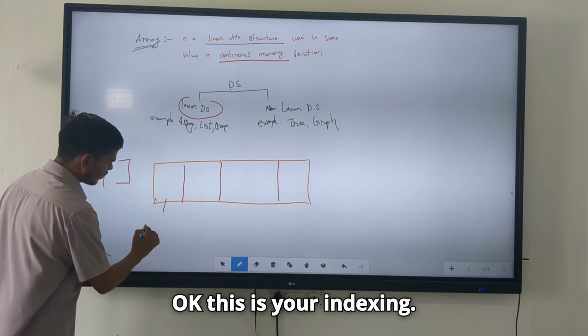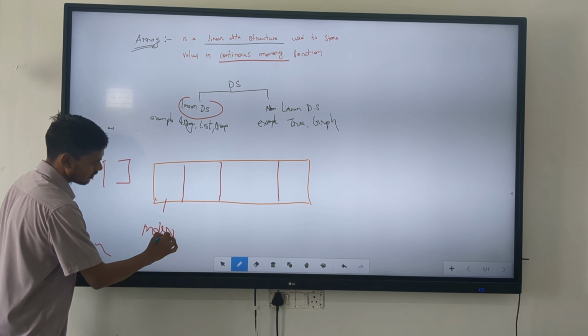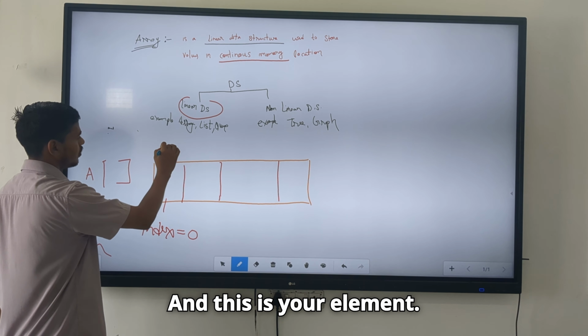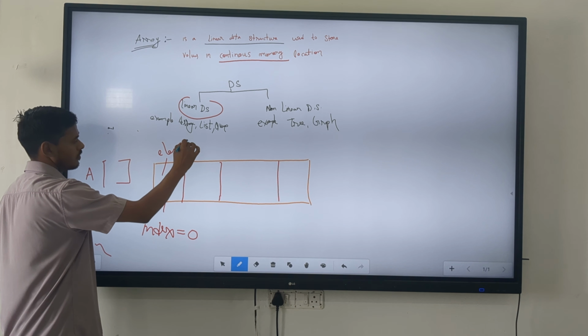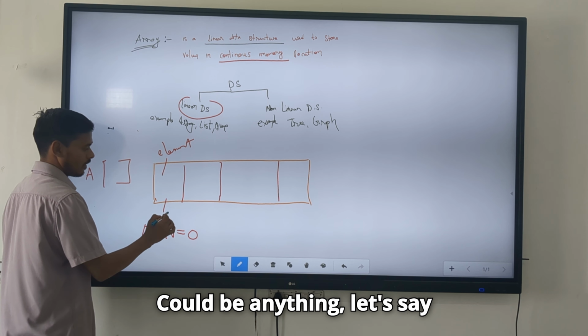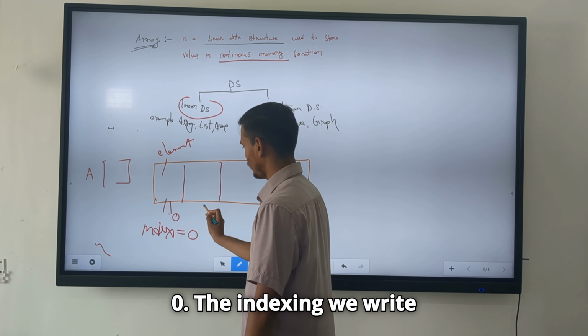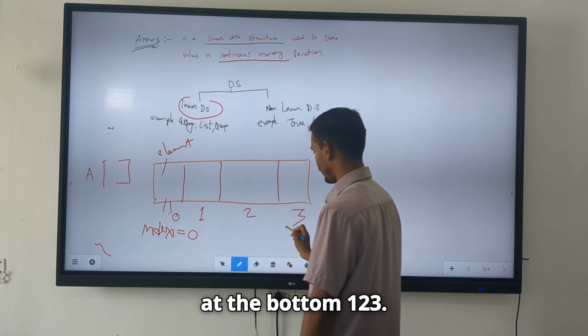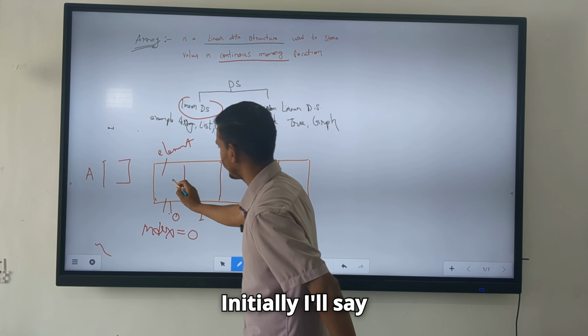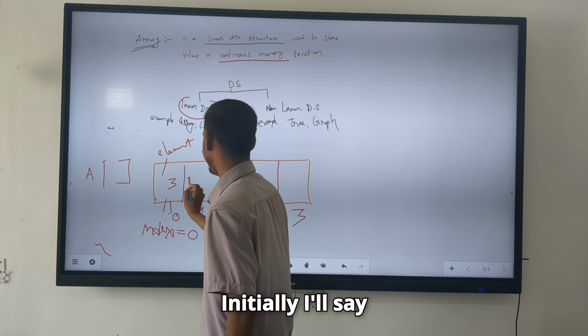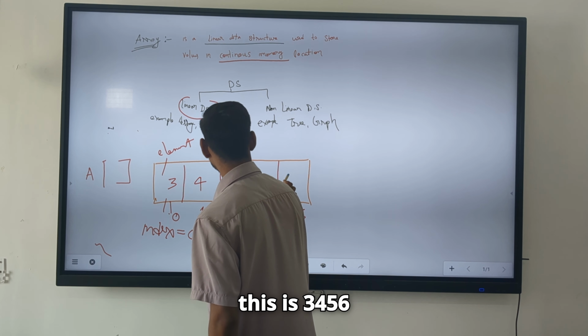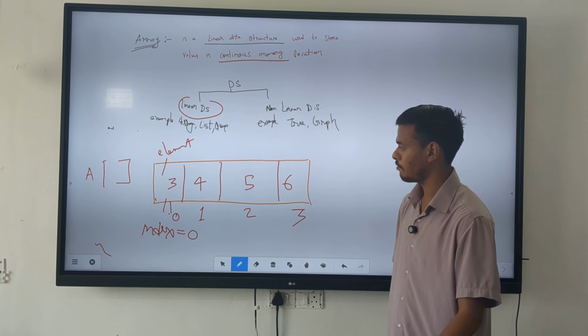This is your indexing and this is your element, which could be anything. The indexing we write at the bottom: 0, 1, 2, 3. Initially I'll say the elements are 3, 4, 5, 6. Clear?